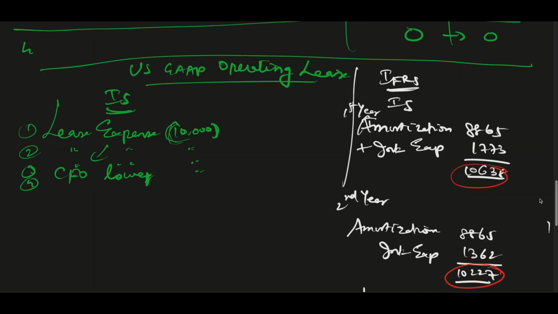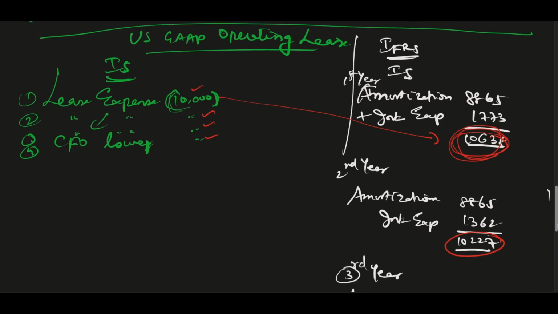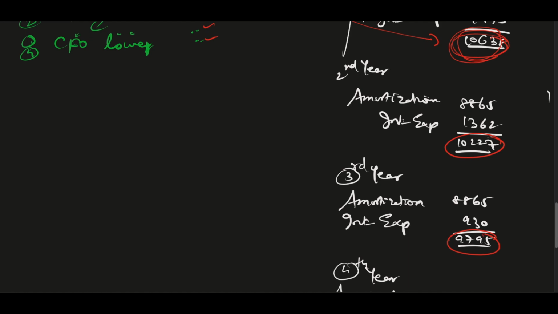That 40,000 is just what is paid under the income statement here, 4 times 10,000. However, under IFRS, initially the income statement expense is higher, and then as the years pass, the income statement expense is lower.